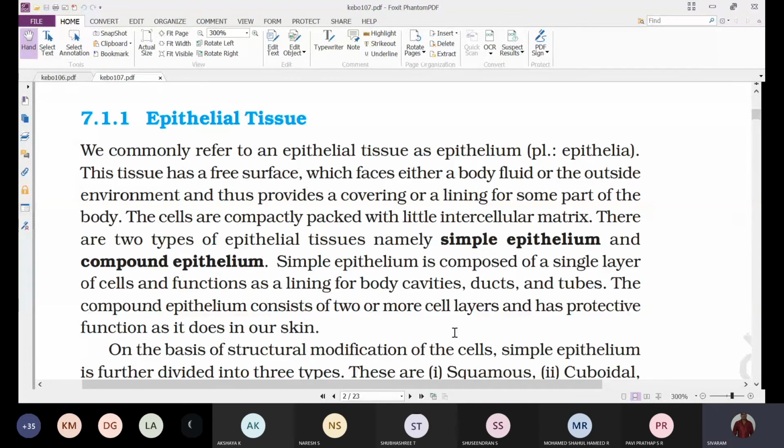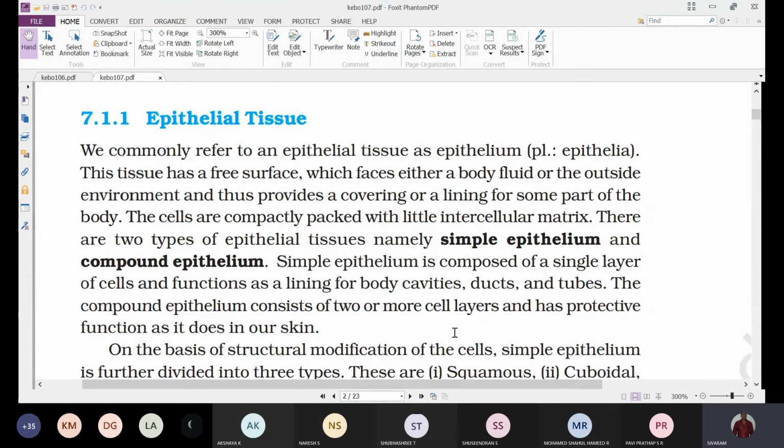Epithelium means the tissue which is present upon, the tissue usually present on the free surfaces of the different parts of the body.